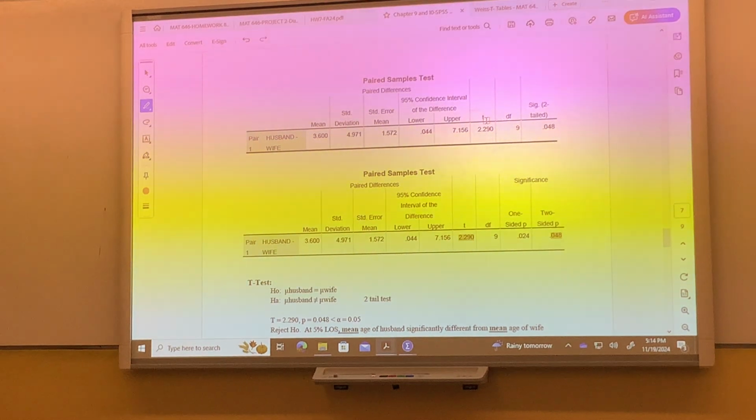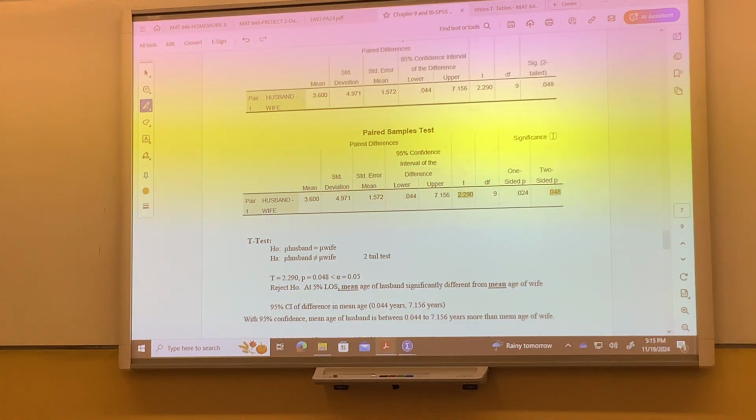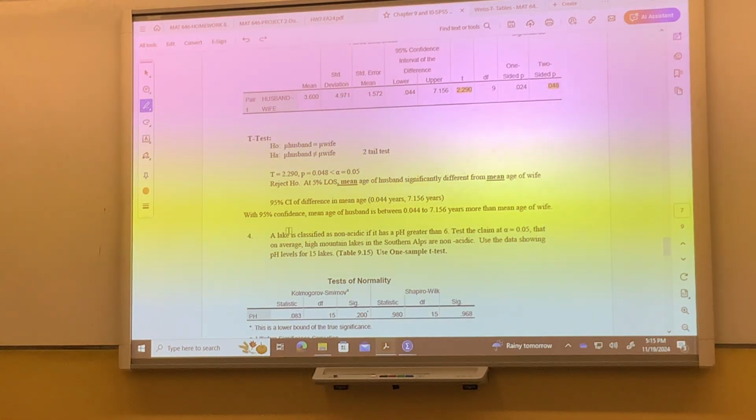Okay? So if I give you output and it looks like this, and you have a one tail, you just have to remember to divide the p-value. Okay, everything else is the same, no change. So you have a borderline significant result, 0.048 is almost close to 0.05, but technically it's less.